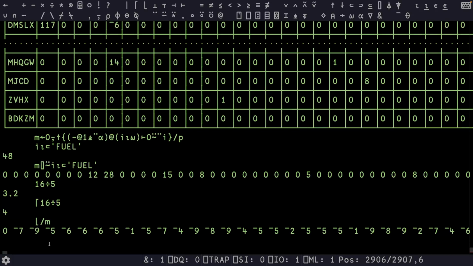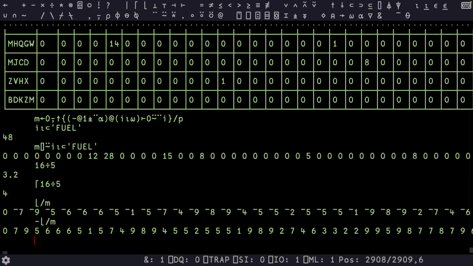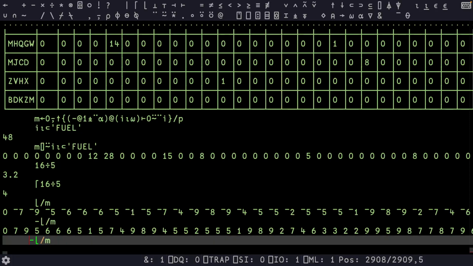So min reduce gets us the negative numbers, or in other words, gets us the amount that each reaction outputs. And then if we negate that, we get sort of the absolute value, or the amount of things that the reaction produces without this sort of arbitrary designation of being negative.